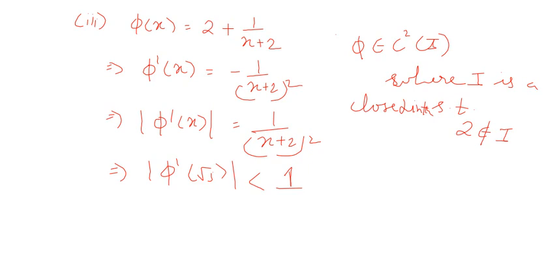And of course you also need to choose an interval such that phi is from I to I. So these three things you have to mention.